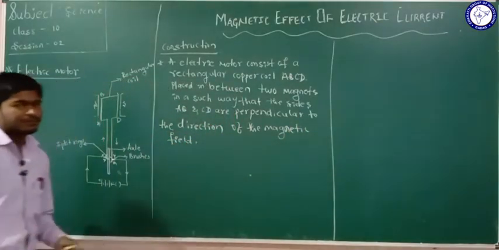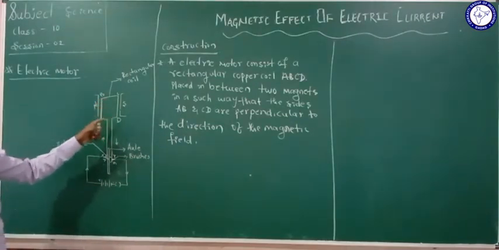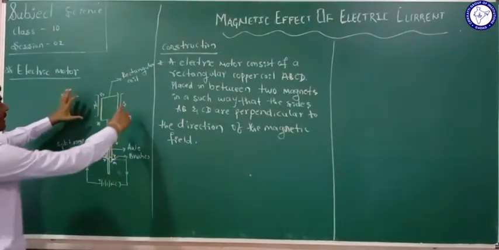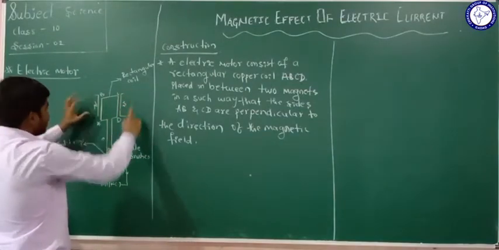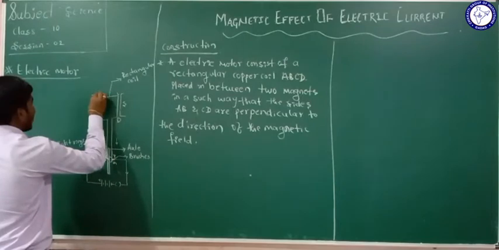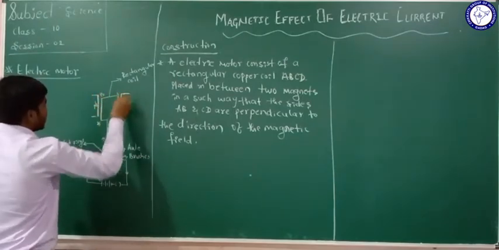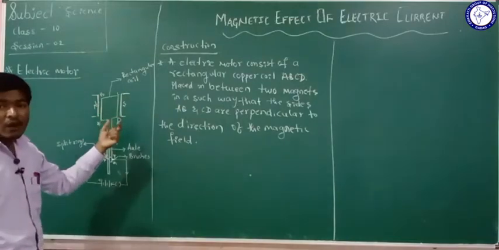See here, an electric motor consists of a rectangular coil placed in between two magnets. This N represents one magnet and S represents the other magnet here. And this ABCD is a coil.